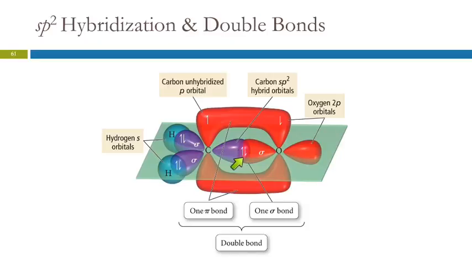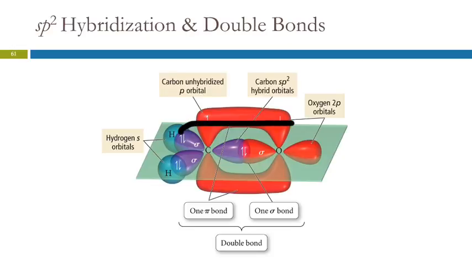Sigma is an overlapping end to end, and it's symmetrical around the axis. This side-to-side business is a pi bond. And so if you think of it this way, it's the letter pi. I should have done that. I meant to do that with the fat marker.